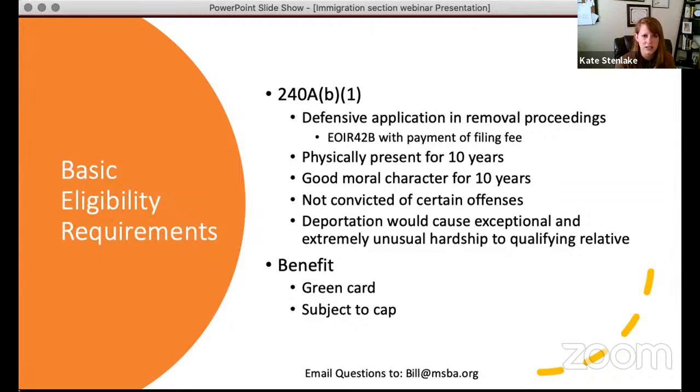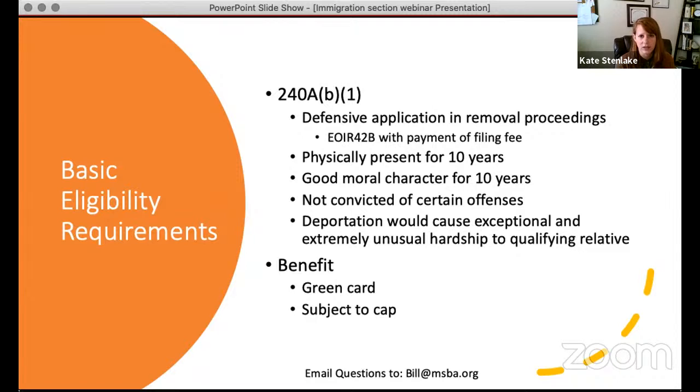The application is the EOIR-42B, and you have to pay a filing fee. There are instructions available online for how to pay the filing fee. It's similar to if you've ever filed an application for a plain 485 or submitted the defensive asylum application, but you can just look up those instructions online.